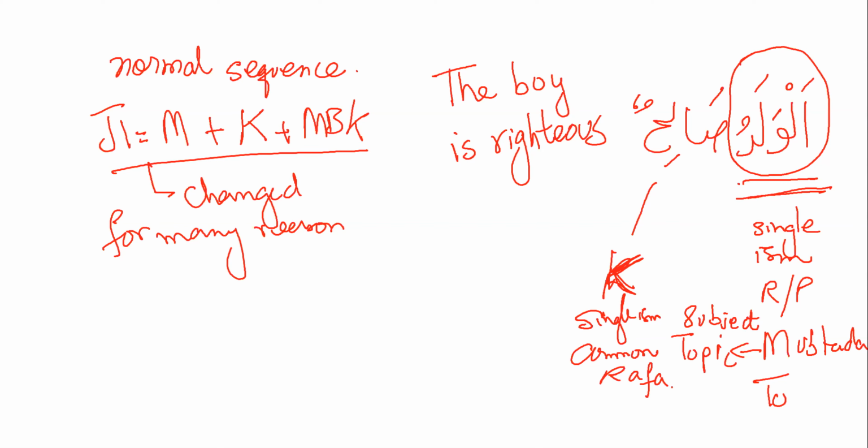Okay. Now we know that mubtada is the only component that is necessary. Khabar and MBK can either be there or missing, one can be there and the other missing. Mubtada and Khabar can be plural also, right? Yes, like today Ustad said, but that is something that we will do afterwards.